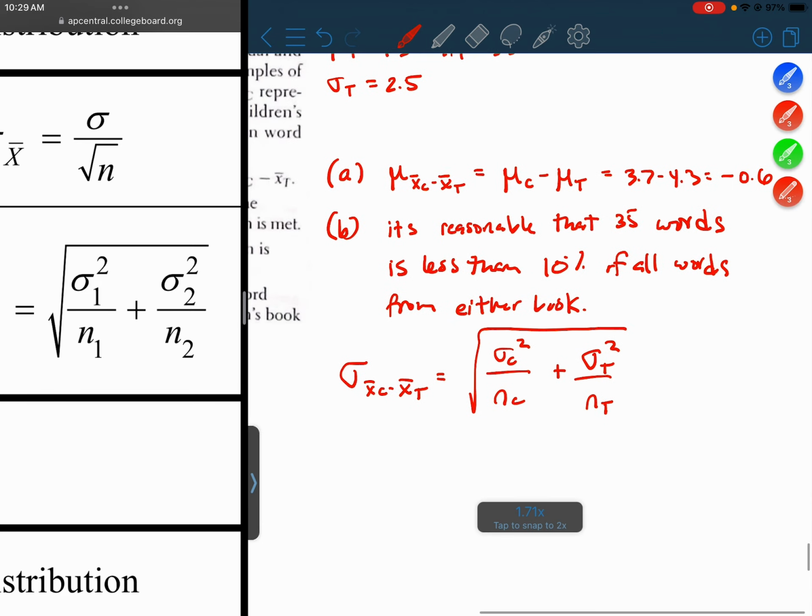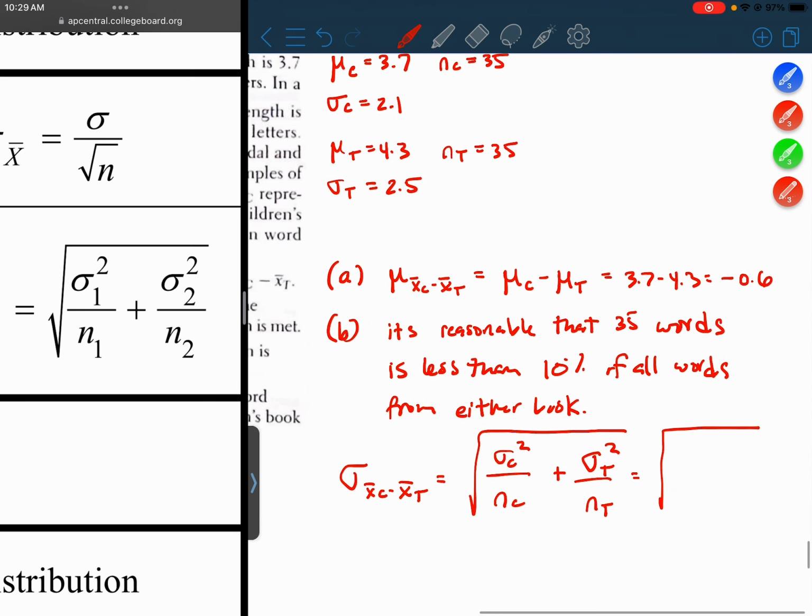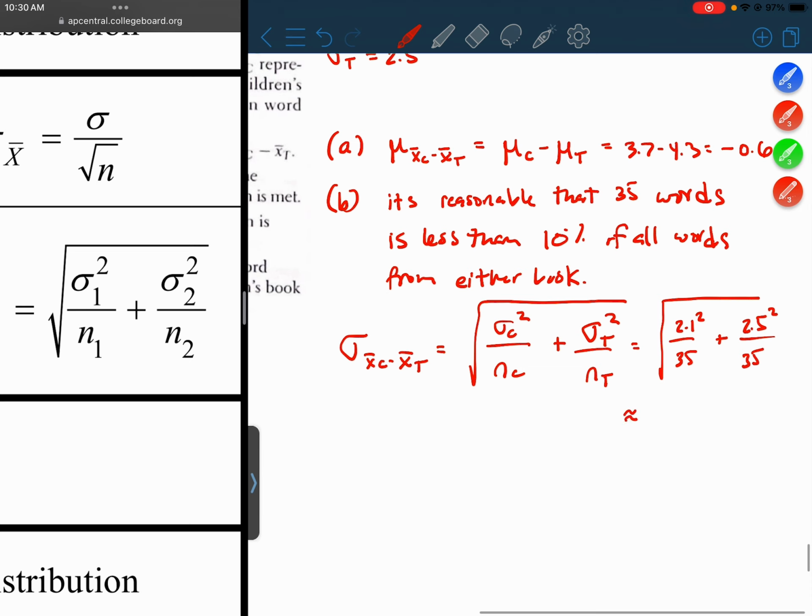All right, and that's going to be square root 2.1 squared over 35 plus 2.5 squared over 35, and that will be approximately 0.55.